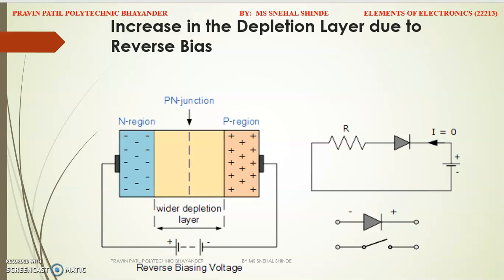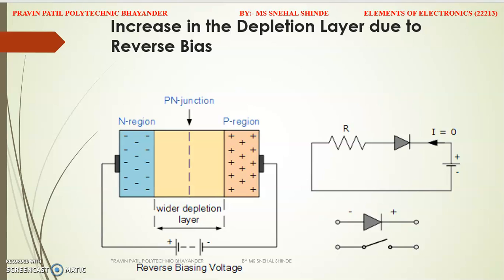This happens due to the creation of a larger number of positive and negative immobile ions. There is an increase in barrier potential due to the greater number of ions present on the opposite sides of the junction.